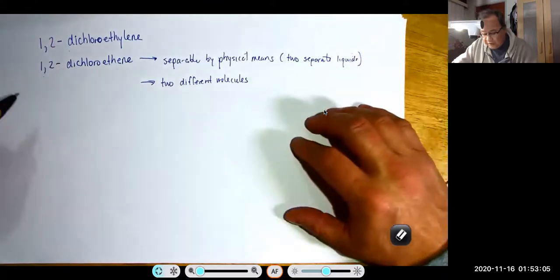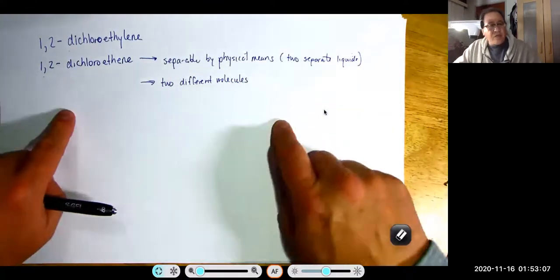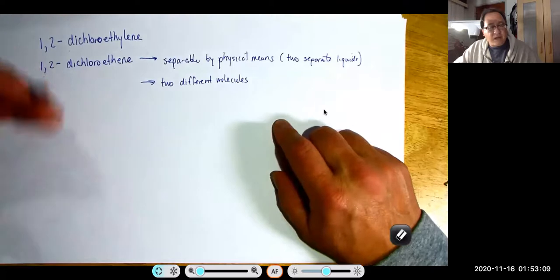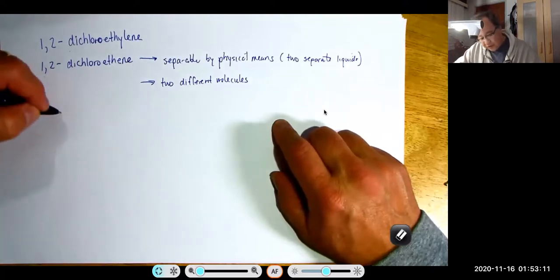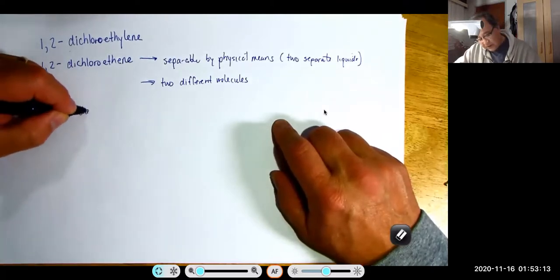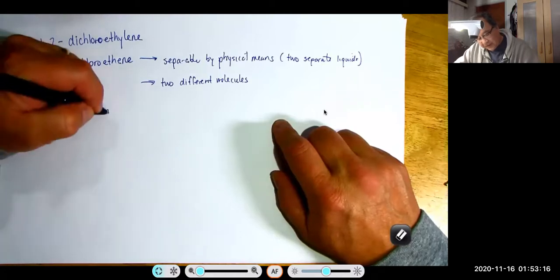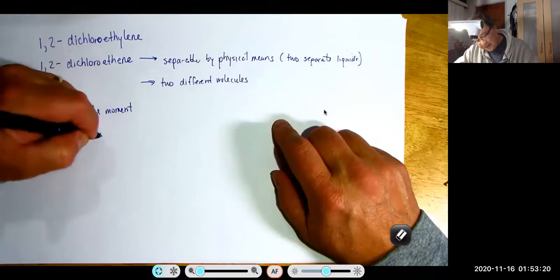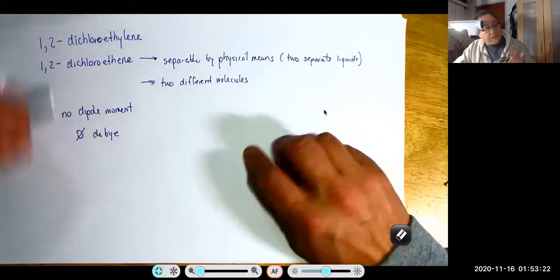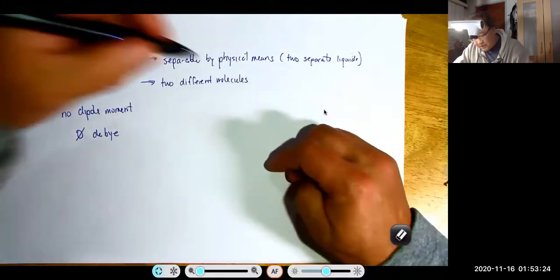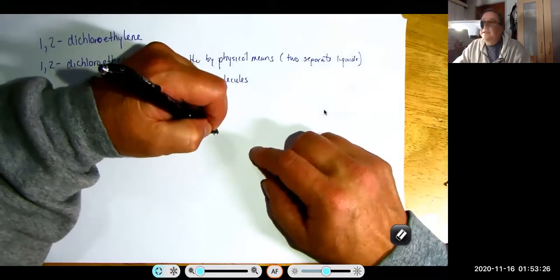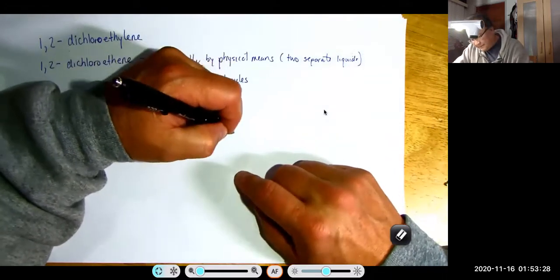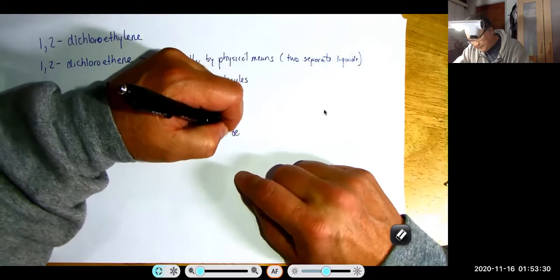Well, it turns out that if you separate them and check to see if they have a dipole, one of them has no dipole moment, as they call it. So that would be 0 debye. And the other one has a permanent dipole moment of 1.9 debye.